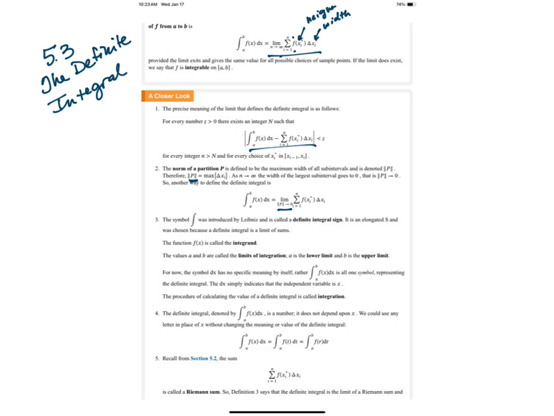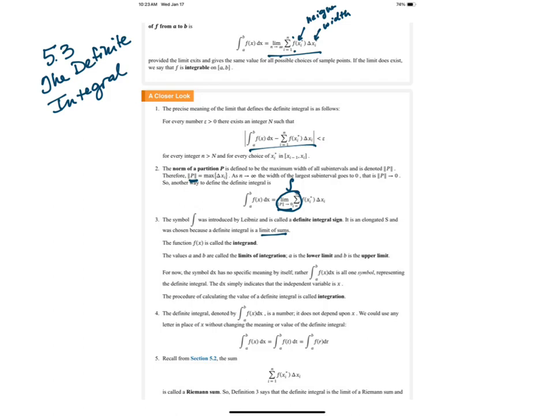That's called the definite integral sign. So that's where that symbol is coming from. It's kind of an elongated limit of sums. We're taking this limit of sums business and we're just using this symbol to say that. It's the same thing. It's just a different notation.